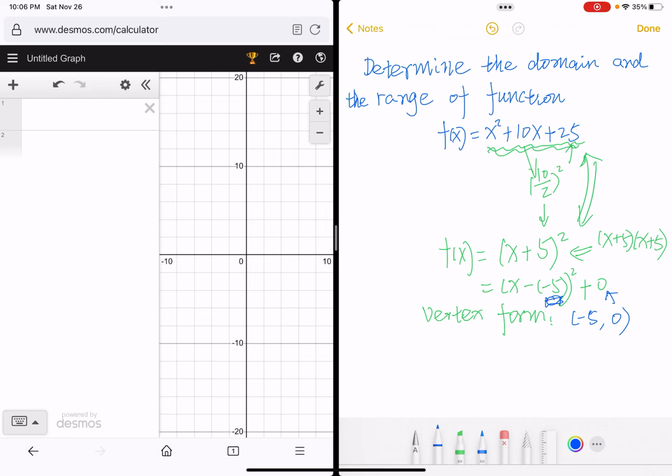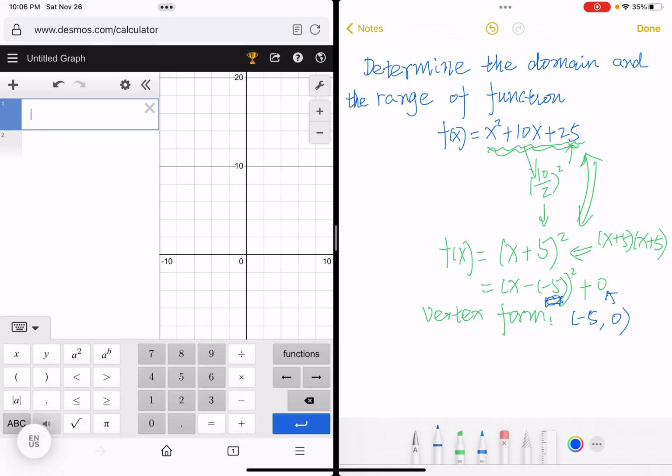And then if we sketch this graph, that will be y equals x squared plus 10x plus 25.